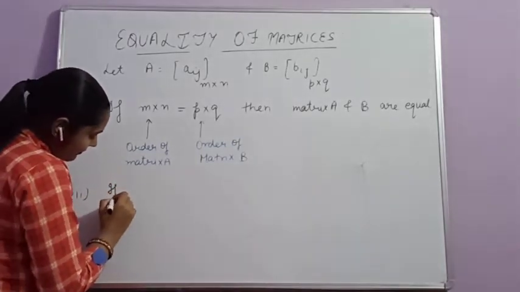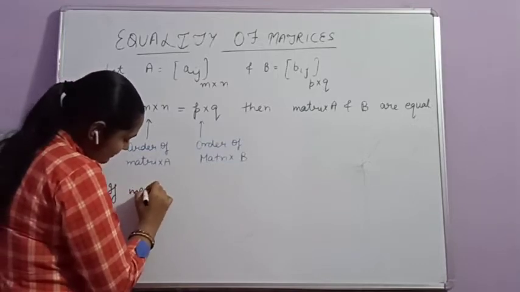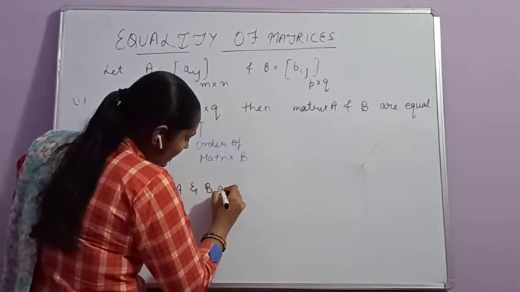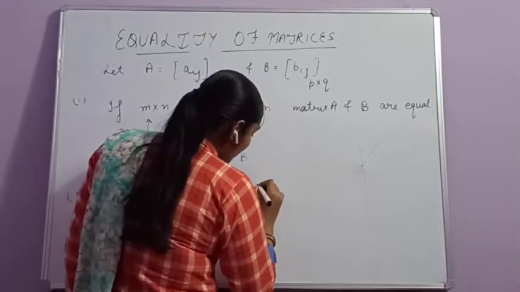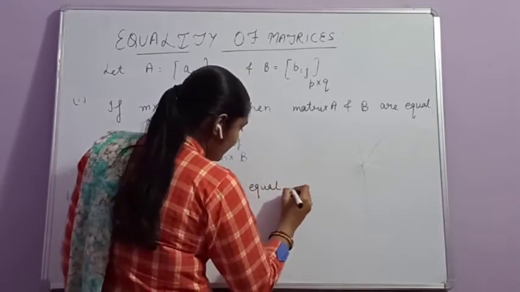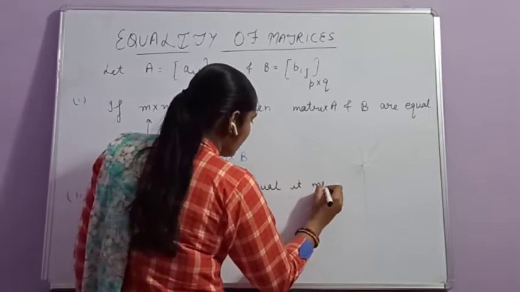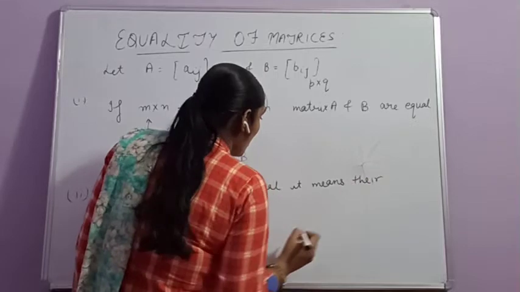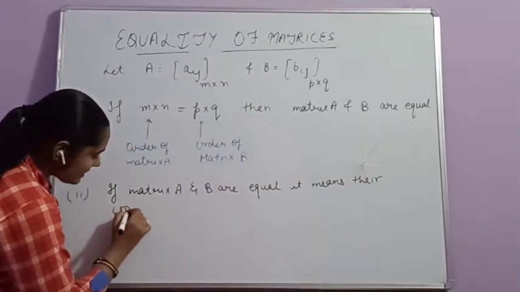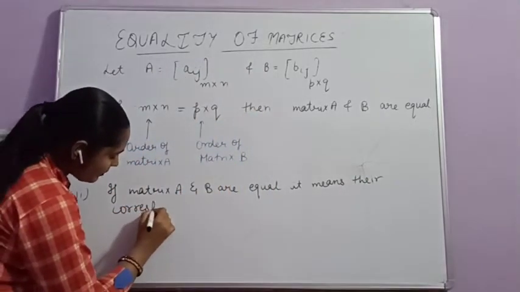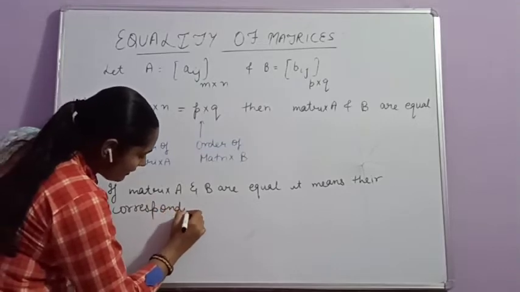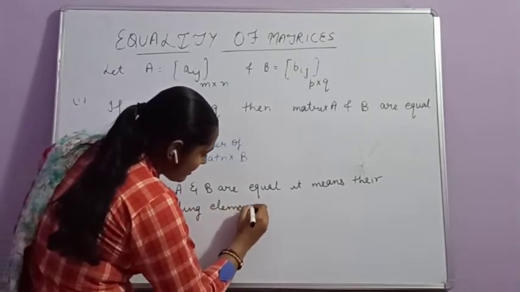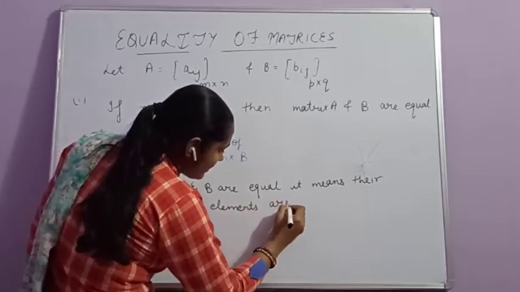If matrix A and B are equal, it means their corresponding elements are same.